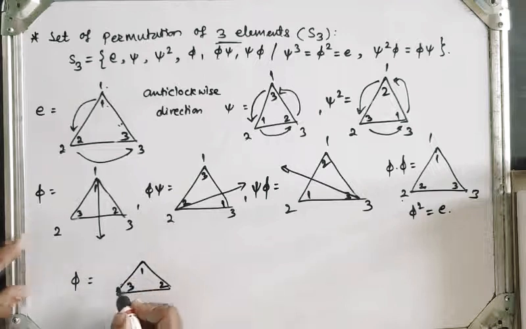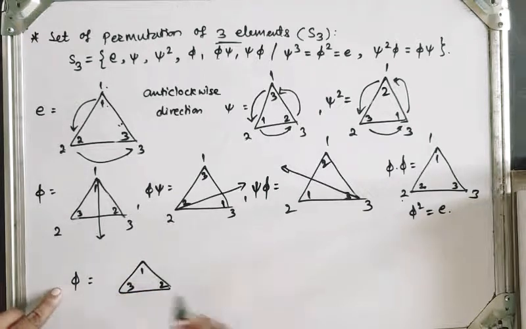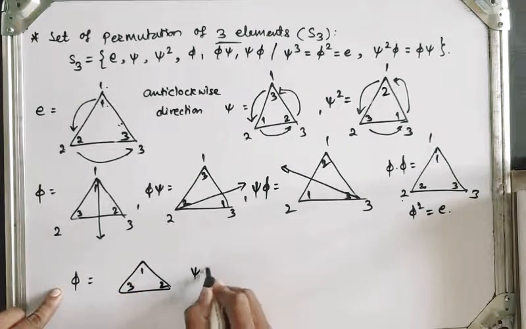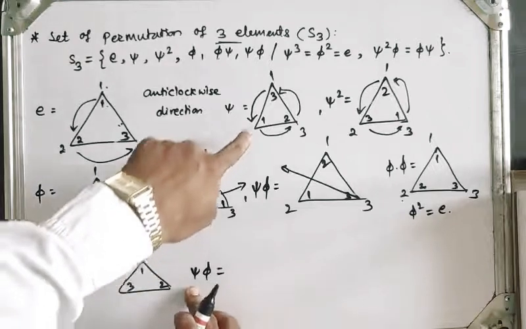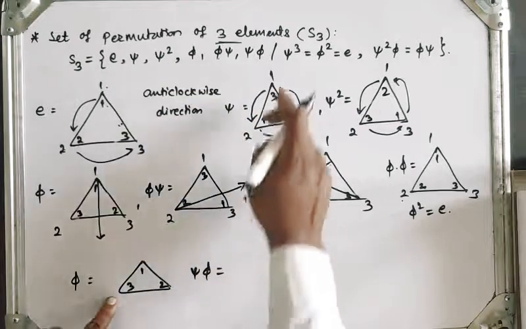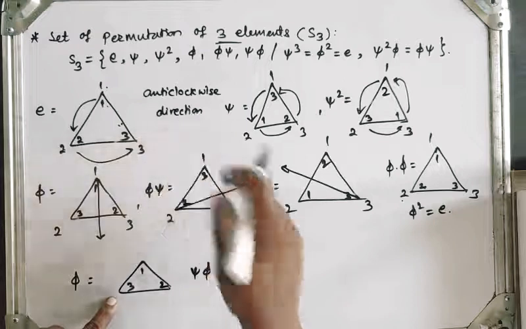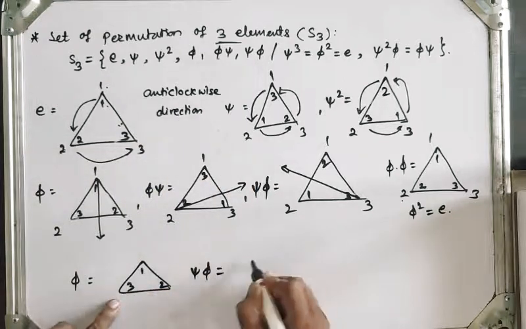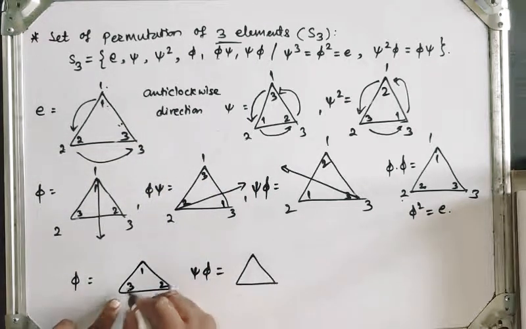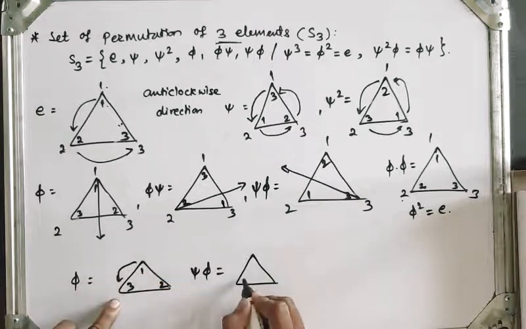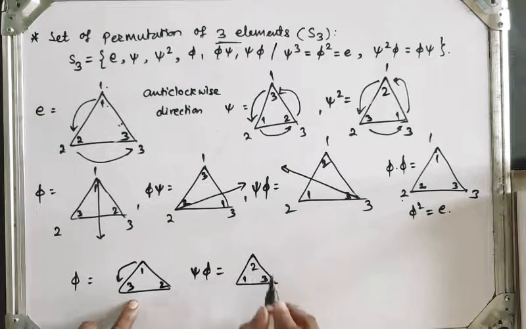After applying psi, psi phi means rotating this structure in the anti-clockwise direction. So what will I get after rotating anti-clockwise? 1 goes to here, giving 1 3 and 2.